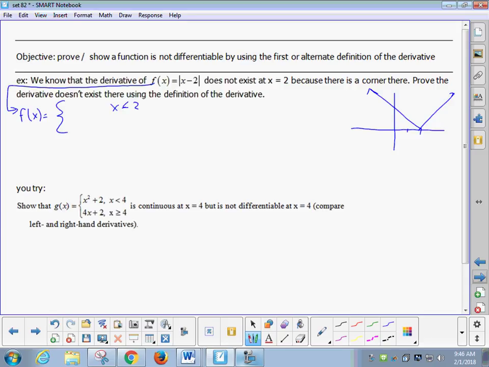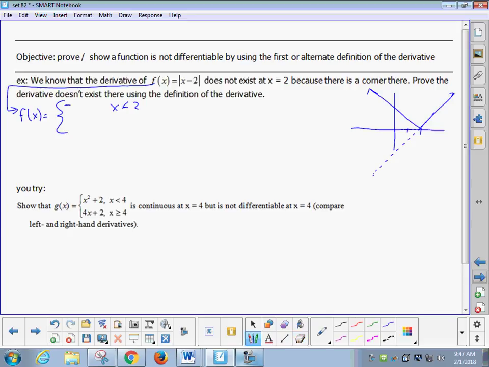For x less than 2. Remember, they just took x minus 2 and flipped up part, right? So the part less than 2, did it get flipped or did it get left alone? Flipped. So what is the part less than 2? Negative x plus 2.